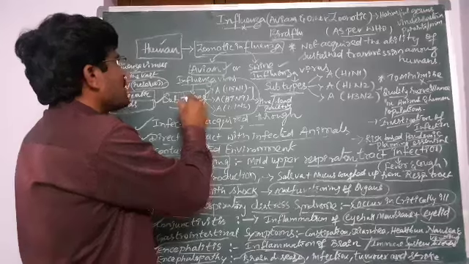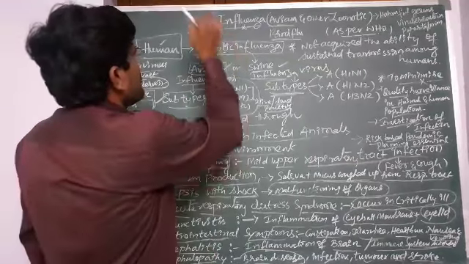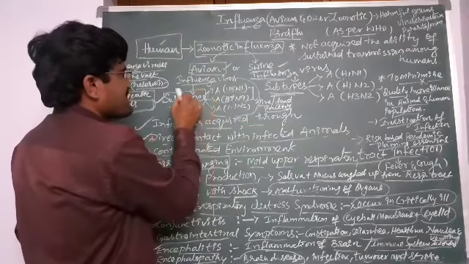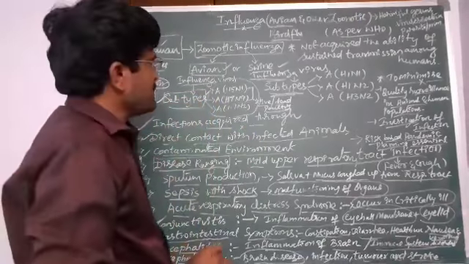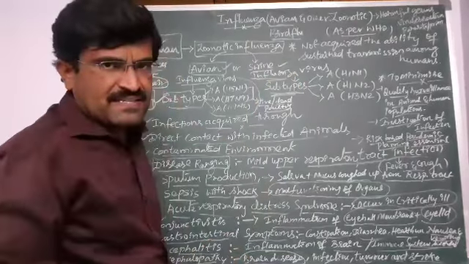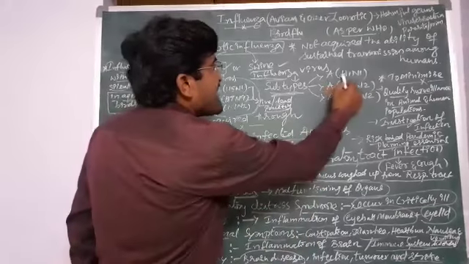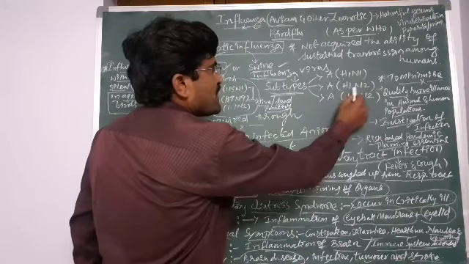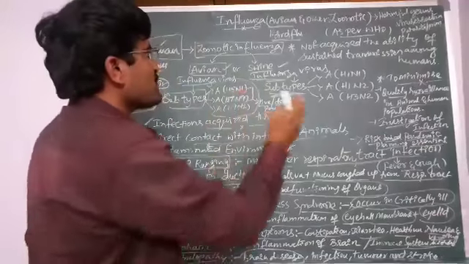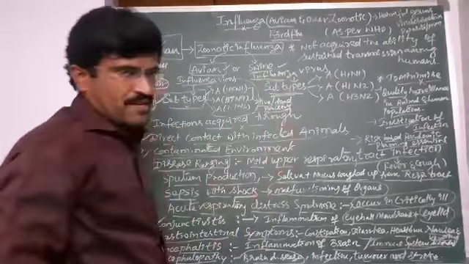Three subtypes are there under the avian influenza virus category. Whereas under the swine influenza viruses, three subtypes are there: H1N1, H1N2, and H3N2. These three subtypes are under swine influenza virus of the zoonotic influenza.